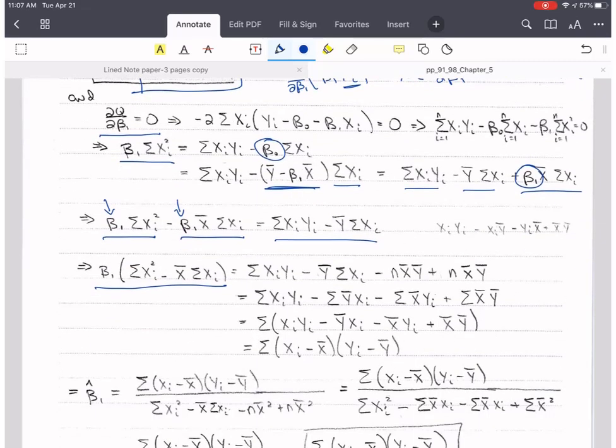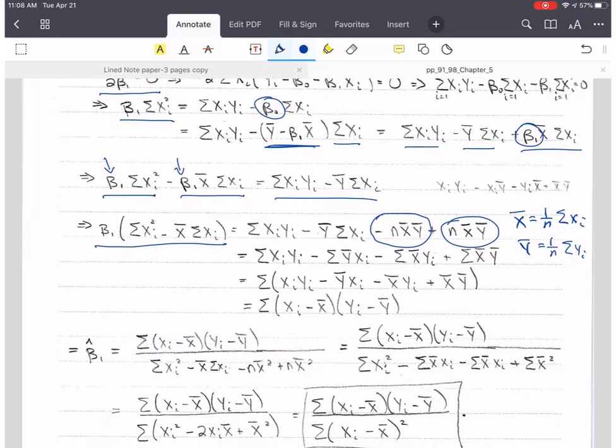And then I have a trick. I add and subtract n times x bar y bar. I add and subtract it, so I'm adding and subtracting 1. And then I multiply, so remember that x bar is 1 over n sum of xi, and y bar is 1 over n sum of yi.